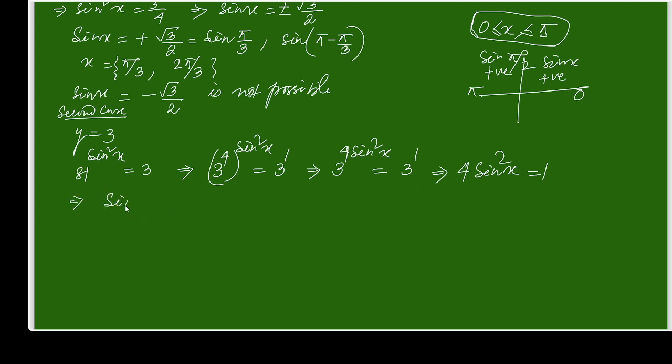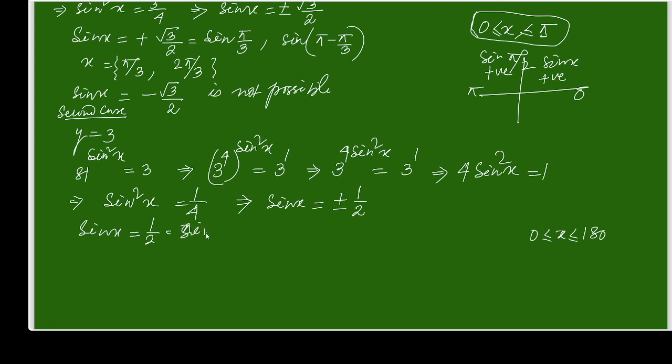So what about sine square x? It will be 1 by 4. Then what will be sine x? Sine x is equal to plus minus 1 by 2. Here also there are two values. One is sine x is equal to plus half. That means within this 0 to 180, half means it is sine 30 degree, that will be pi by 6.